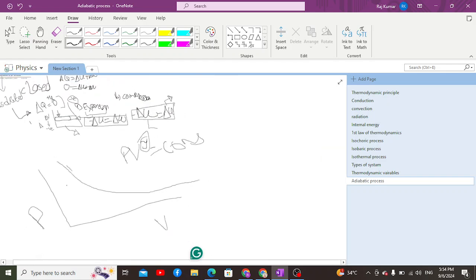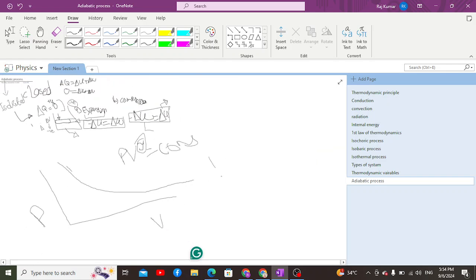And one more thing, the isothermal expansion graph would be a hyperbolic graph. What does that mean? This means that the hyperbolic graph will have a smaller slope, whereas the exponential graph has a bigger slope, which is the gamma.